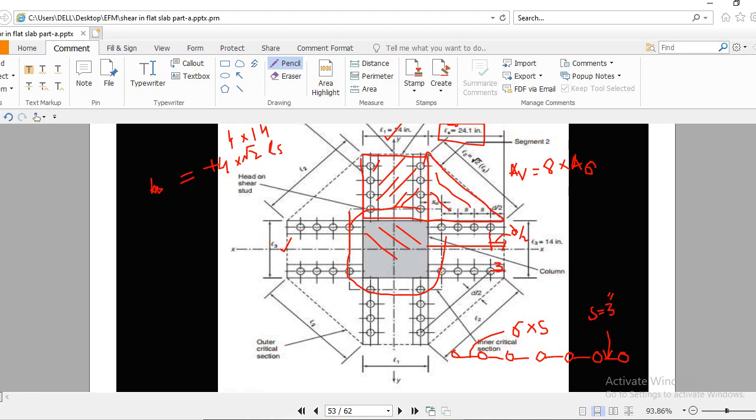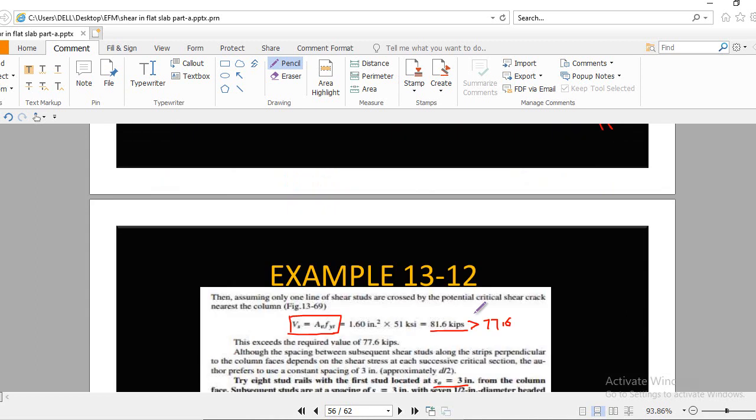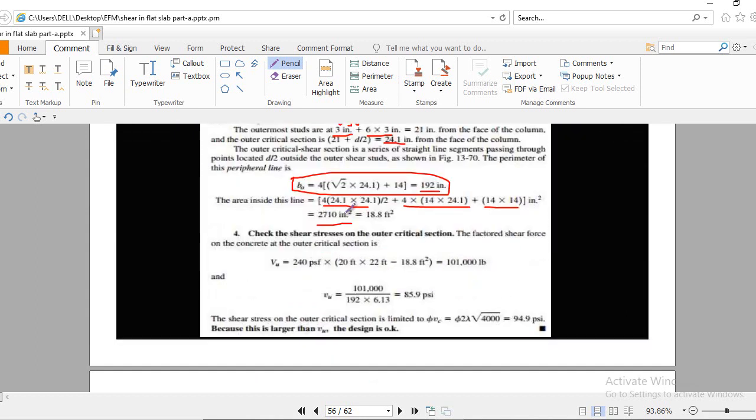Okay, now once you have this area inside that line, you have to check the shear stress basically. So our Vu will now be 240. We already calculated this total tributary area for the interior column, and now this is the area for the outer critical section.